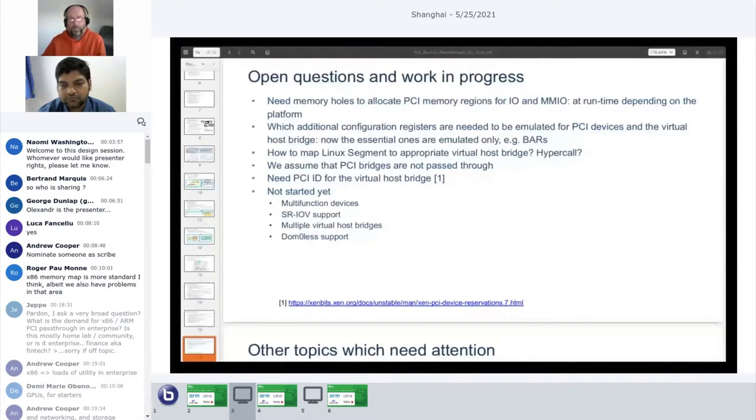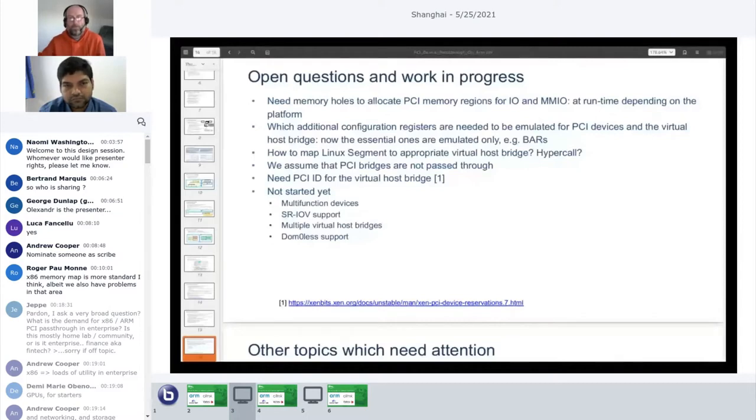So the first question to me and probably to the community: what would be the better way of emulating configuration space access for ARM? Either we try to put that into common code and hopefully x86 starts using that as well at some point of time, or we need to branch out and have some ARM specific implementation of that.